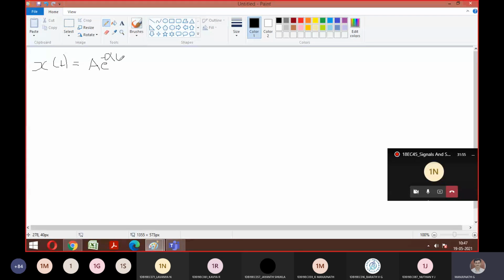So A into e to the power of minus alpha t into u of t, where alpha is greater than 0. This is the given condition. Now I want you to solve. By looking at the question, you should judge whether it is energy or power.